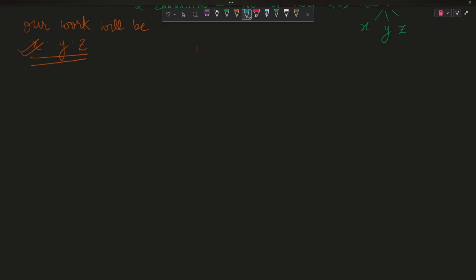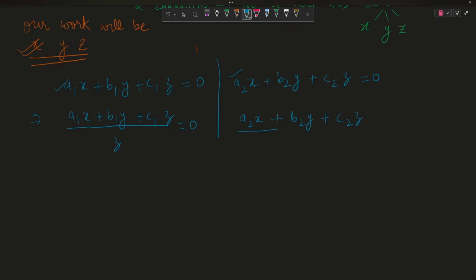Now, if I have the equations a1x plus b1y plus c1z is equal to 0, and a2x plus b2y plus c2z is equal to 0, and I divide both equations by the variable z, then I get (a1x plus b1y plus c1z) divided by z is equal to 0, and (a2x plus b2y plus c2z) divided by z is equal to 0.